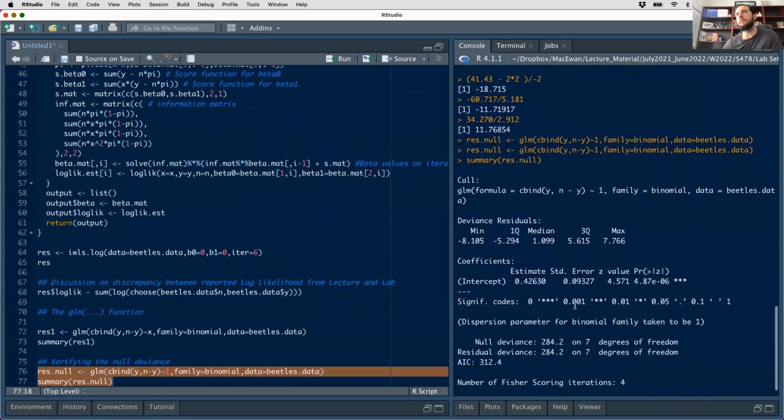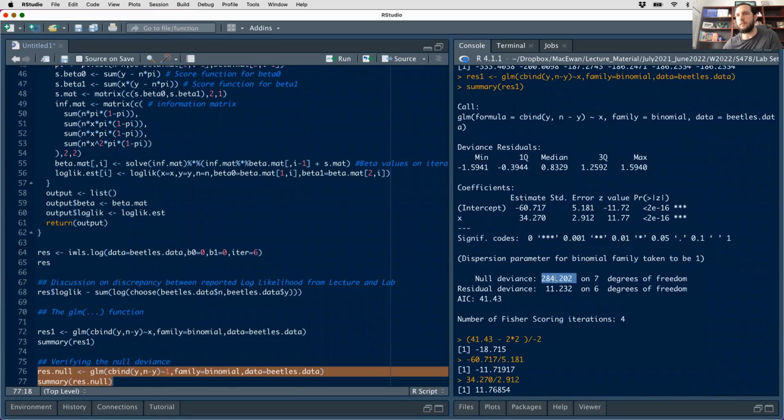And basically what this is implying is that the null deviance, which is going to be reported for any GLM, is again a value that indicates whether the model with no explanatory variable is sufficient compared to the maximal model.